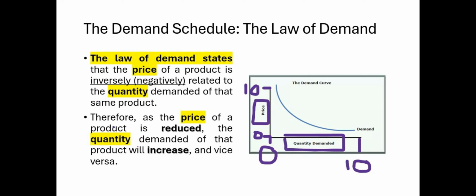Therefore, as the price of the product is reduced, the quantity demanded of that product will increase, and vice versa. Again, if our price is 10, which is here the highest point, the demand is going to be at its lowest, which is 1. However, if the price of the product is 1, the demand is going to be at its highest, which is 10.